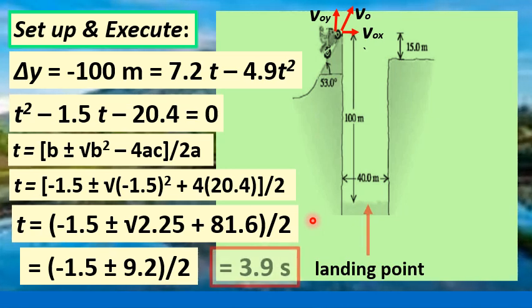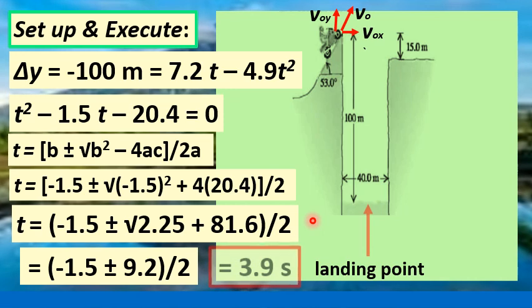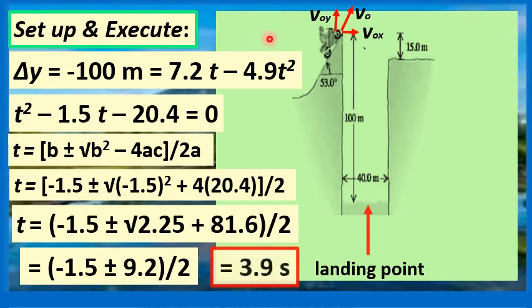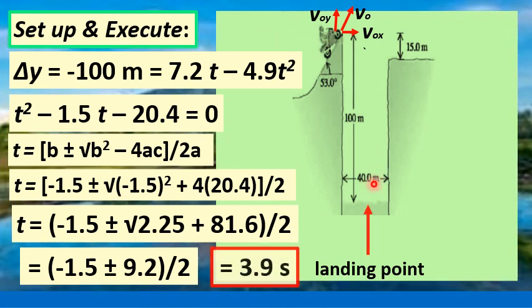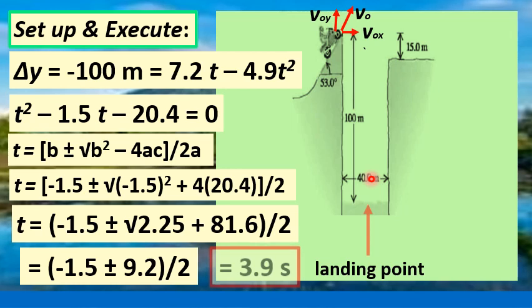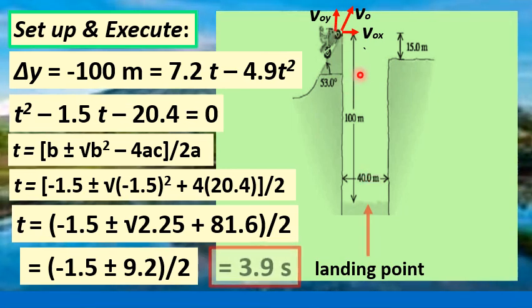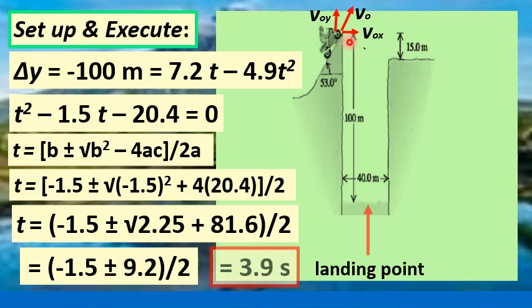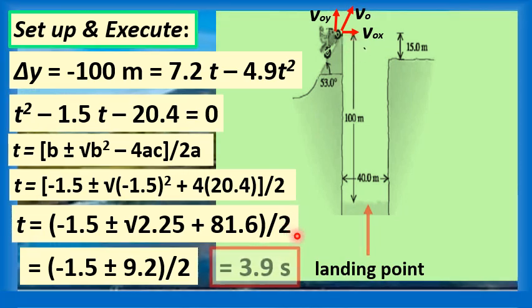So this is the time that it takes the cyclist to land on the surface of water, with that given speed, half of the original speed obtained in part A.